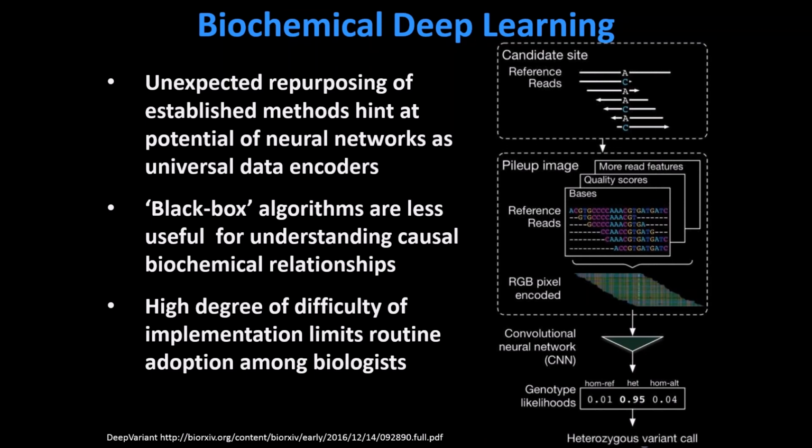But one issue is that this is really a black box algorithm, so you don't know which things are more important or less important. You don't have any weights in the model. Most researchers are going to be prevented from doing anything even close to similar, because there is a high degree of difficulty in implementing these deep learning methods that will preclude most biologists from doing this.